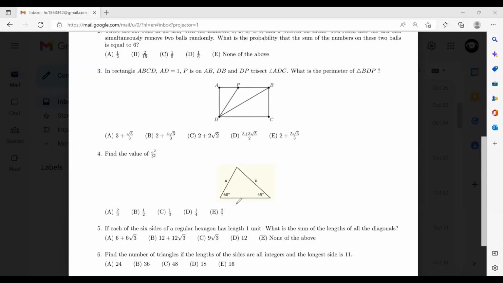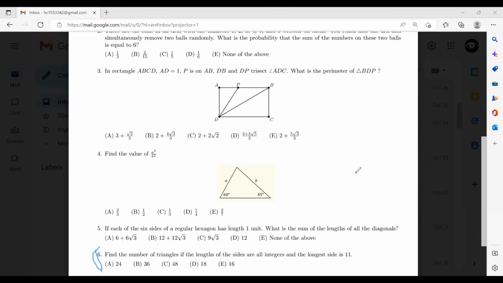Okay, so now we can look at question 6. Question 6 is the one down here. Find the number of triangles if the length of all the integer sides are shorter than or equal to 11.